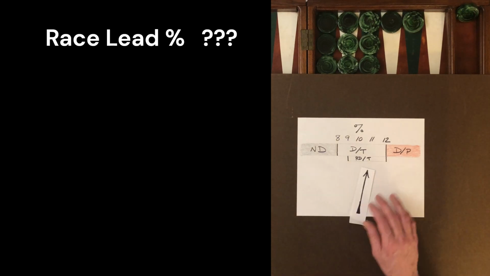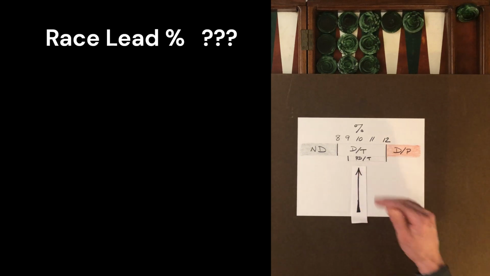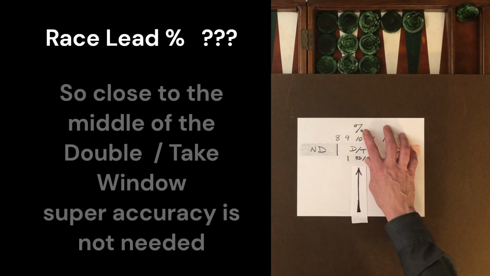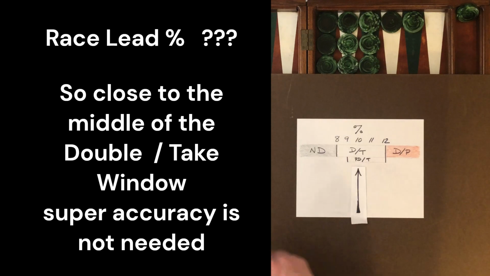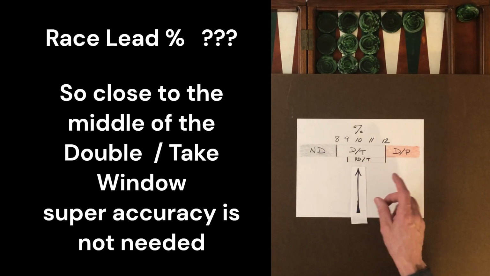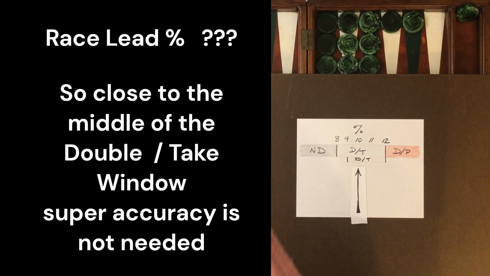And again, if we are in a position and we start to calculate our race lead percentage, converting our pip lead into a percentage, and we see it's going to be close to 10%, which is also our Super 10 shortcut from our previous video, as soon as we see we're well within the middle of this range, it should be an easy double take. We don't need that much of an answer.